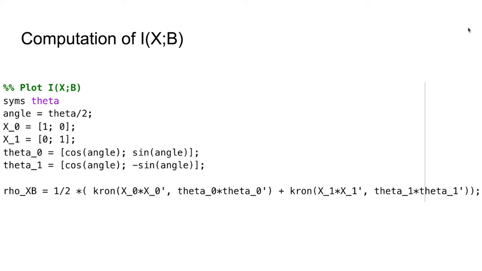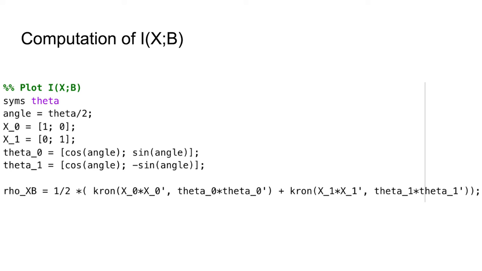Here, first we define a symbolic variable called theta, and with this theta, an angle, we define the theta 0 and theta 1 vectors, which are vertical. And also we define the x0 and x1 vectors, which also are vertical.